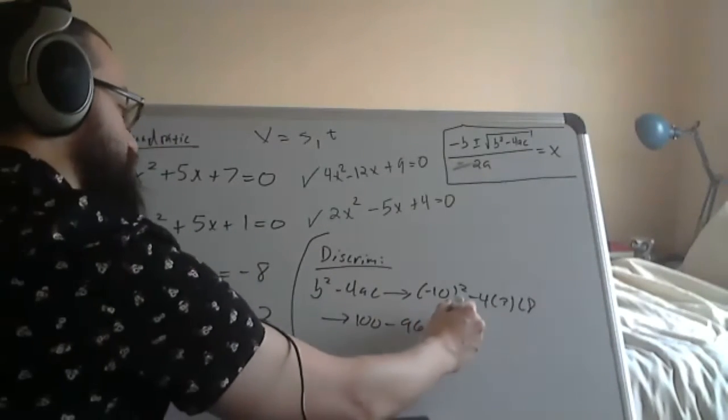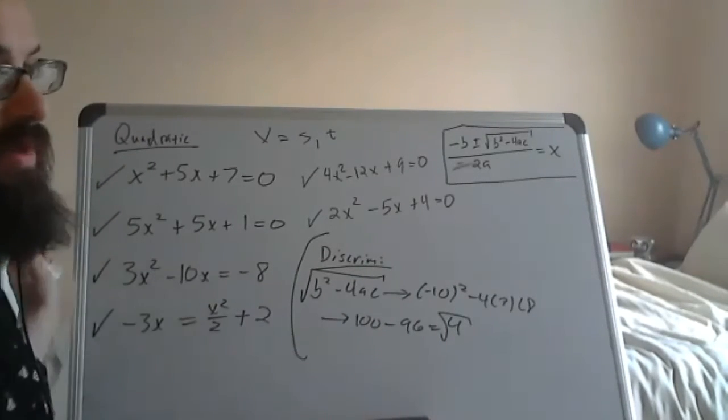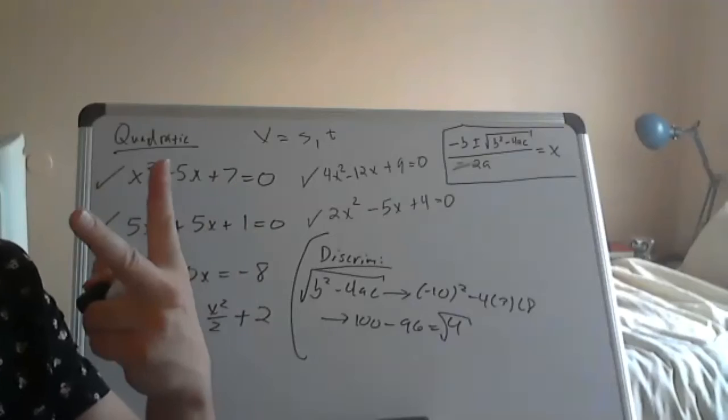Now 100 minus 96 is positive. So under our discriminant is a positive, and we're going to end up with two real solutions.